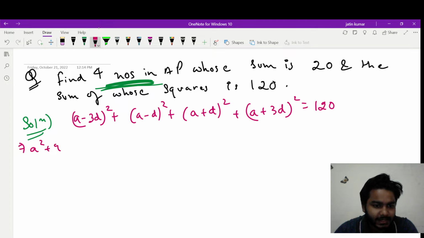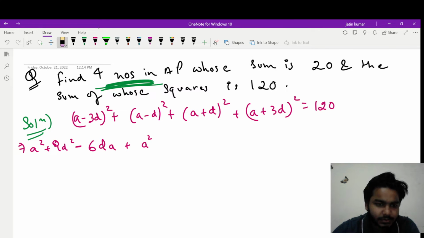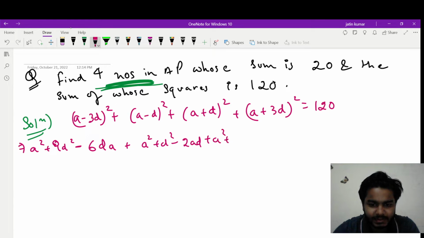a square plus 9d square minus 6d into a. Okay, again a square plus d square minus 2ad, then here a square plus d square plus 2ad and a square plus 9d square plus 6ad.